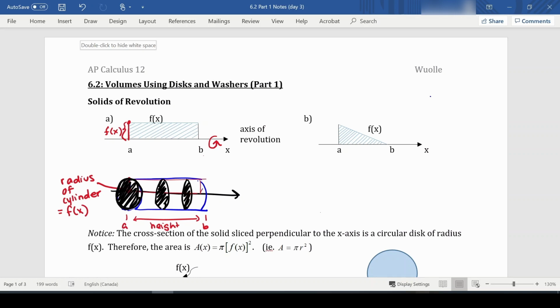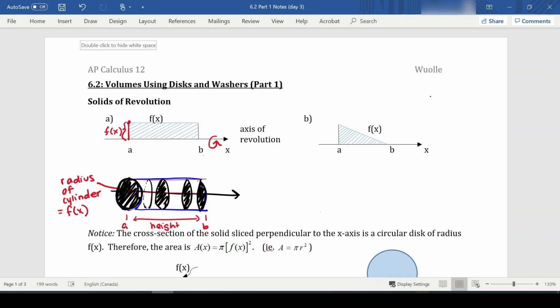Here are just some examples until you have an entire cylinder that has been created. So you have all of these little tiny slabs that are being added up on top of each other to create a 3D object.